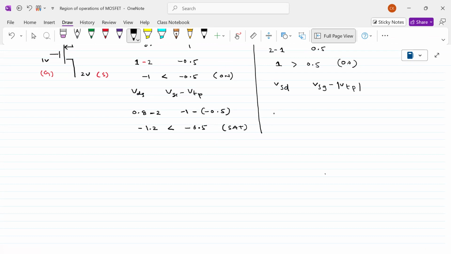VSD is 1.2, and VSG minus the magnitude of VTP is 0.5. VSD is greater than that, so it is in saturation. It's up to you which method you go with, whichever you feel comfortable.